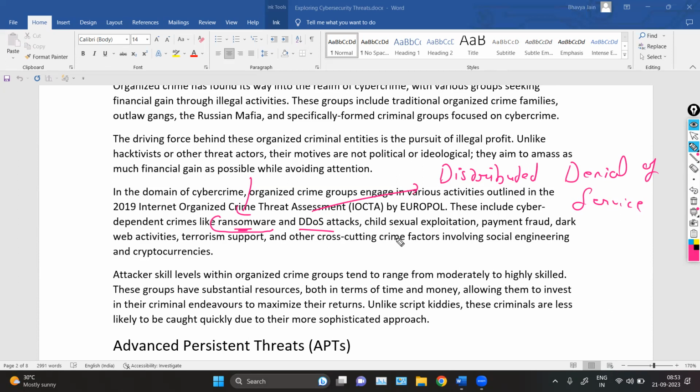Second is child sexual exploitation, which also involves child sexual trafficking, etc. Then payment fraud is defrauding payments, and dark web activities, where we have many illegal activities like selling drugs, selling guns, smuggling, etc. We will discuss the dark web later. And terrorism support, like supporting terrorists.